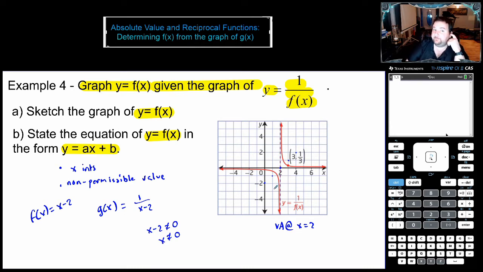But this isn't quite going to work. And the reason why is because if we look at the point that's given to us, this came from being a reciprocal value, did it not? This 3 1/3 was a reciprocal value of f of x. And f of x would have had to have been 3, because only the y value actually swaps.